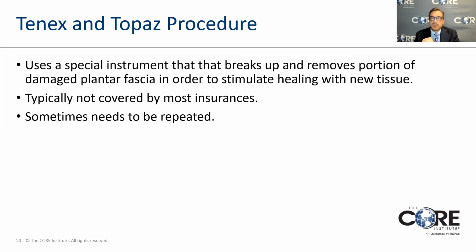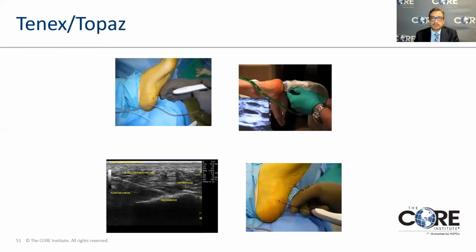So the Tenex and Topaz procedures, again, are surgical procedures. Often, not all the time, they're typically not covered by insurance, so there can be a high cost associated with them. Sometimes the procedure needs to be repeated, but basically a special instrument is used that breaks up and removes portions of the plantar fascia in order to stimulate healing.